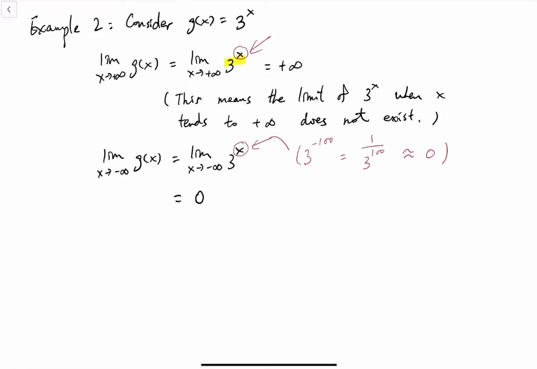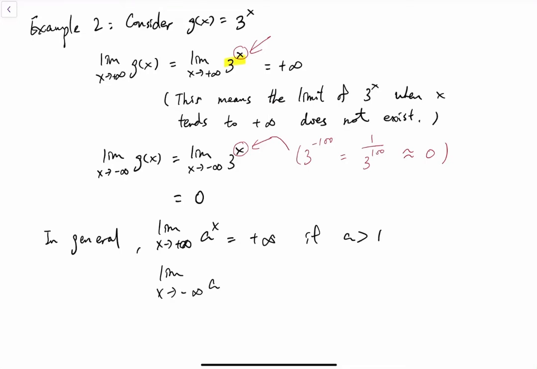So actually we can find in general, the limit as x tends to positive infinity of a to the power x is equal to positive infinity if a is larger than 1. But when x tends to negative infinity, it will become this.